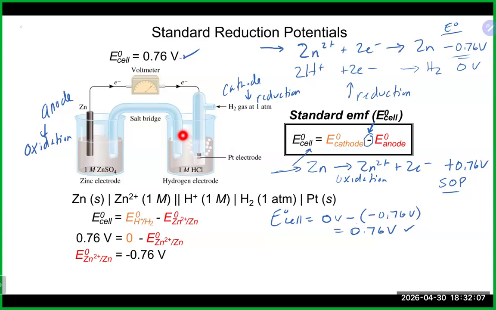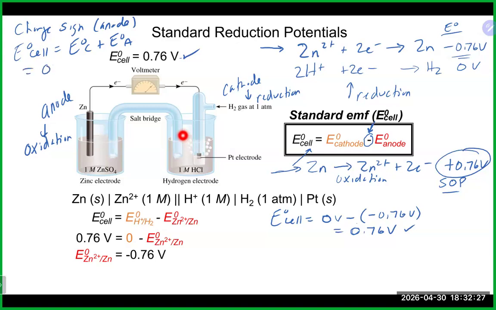If you want to actually change the sign, and it will always be for the anode reaction, you would then want to go E of the cell is equal to E of the cathode plus E of the anode, because you have already changed the sign. And if you did that on this one, it would get you 0 volts plus 0.76 volts, gives you 0.76 volts. So the easy way to think about it is maybe just choose one way and stick with it.